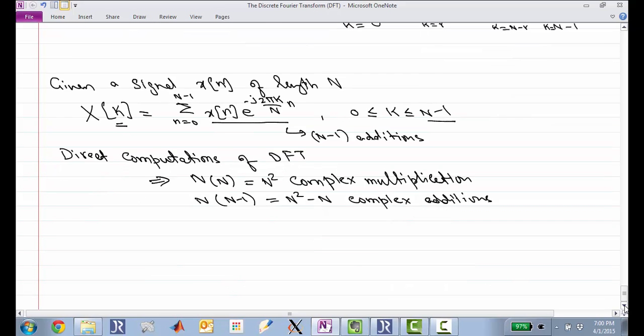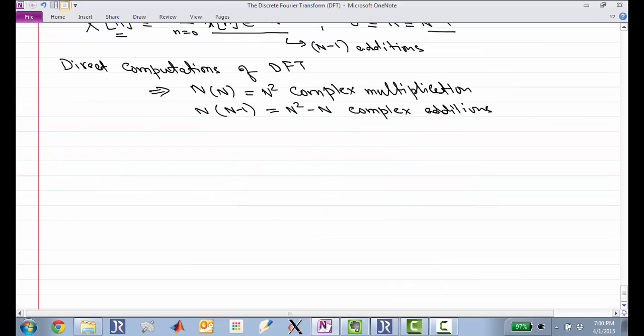So let's just talk about what is called scaling analysis. For the total cost of doing the DFT, the only thing that matters is how many multiplications and additions you do, and you roughly treat addition and multiplication as taking the same amount of time.